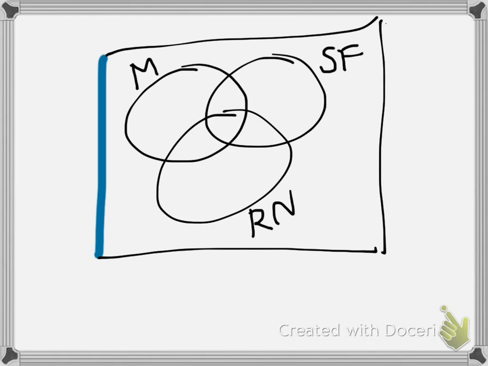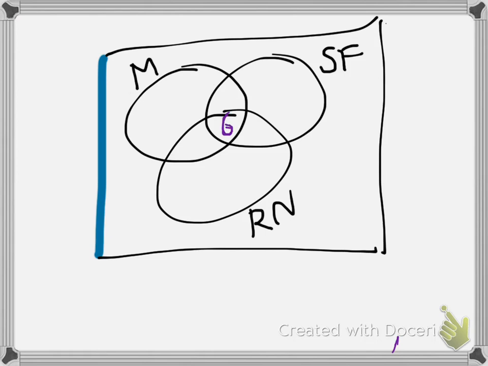So that's where we start filling out. 6 purchased all 3, so 6 is the intersection of all 3: mystery, science fiction, and romance novels. So 6 goes into the intersection of all 3, which is this region.